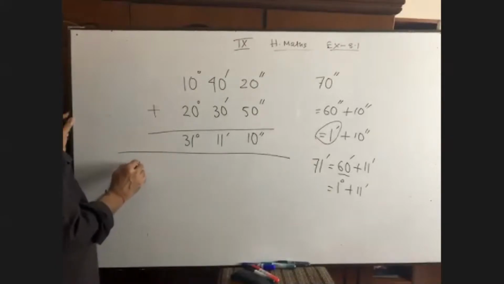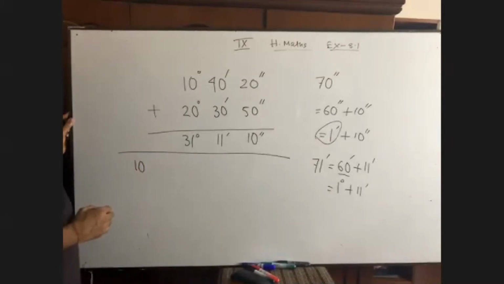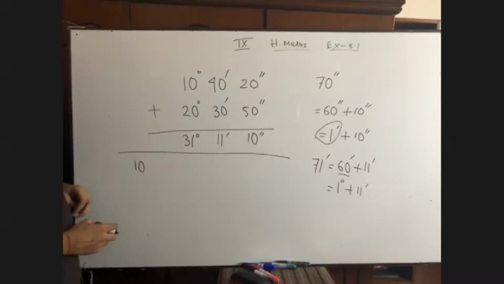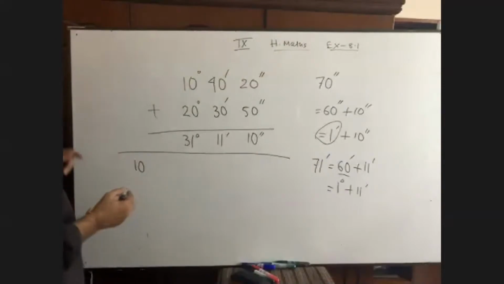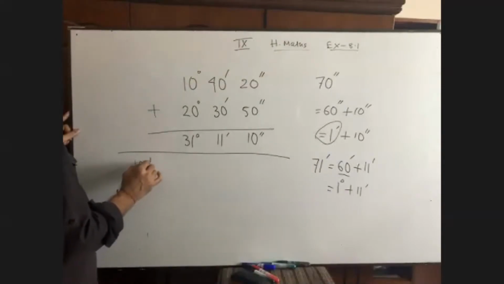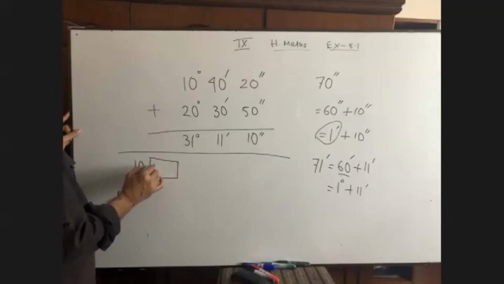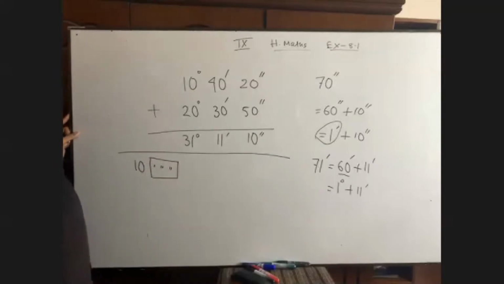In your calculator, you can see on the left side, third row in most calculators, there is a sign. It is degree, minute, second.